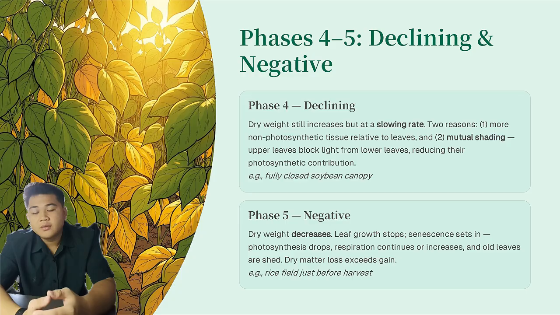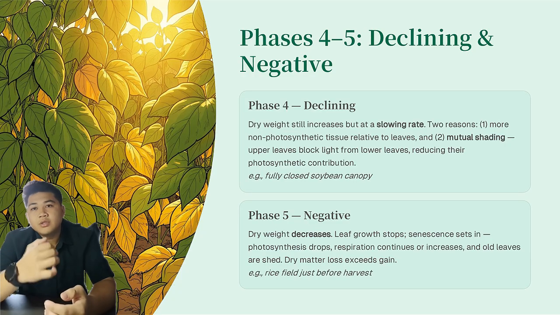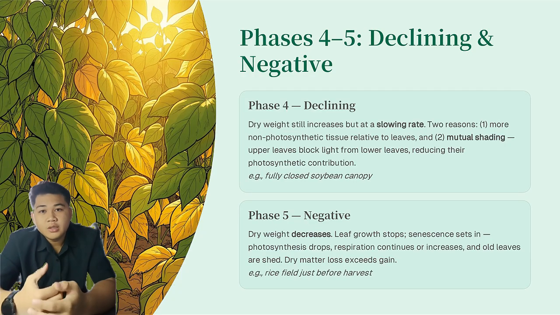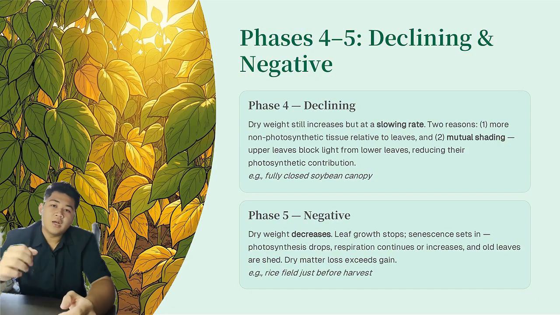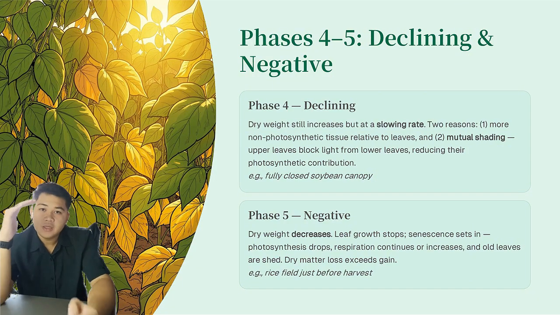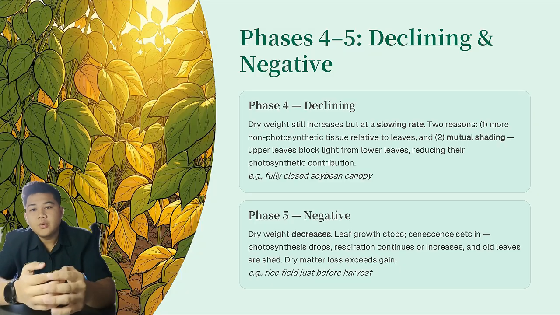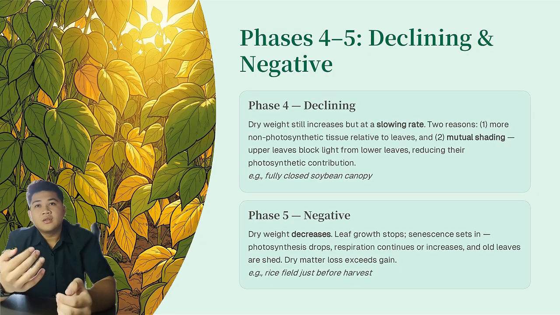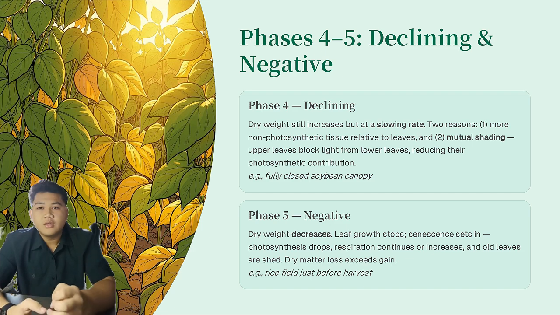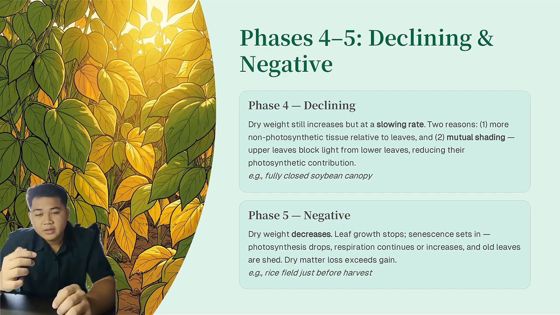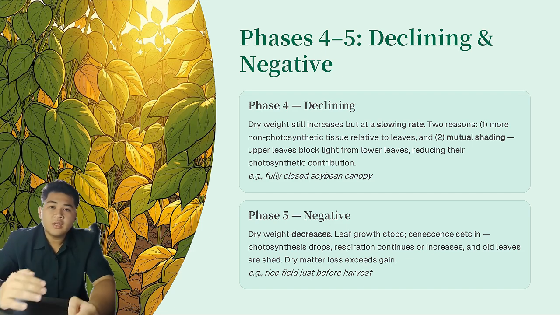The second, the most important, is mutual shading, which occurs when the upper leaves, the canopy, intercept most of the sunlight, and this affects the middle and lower leaves.